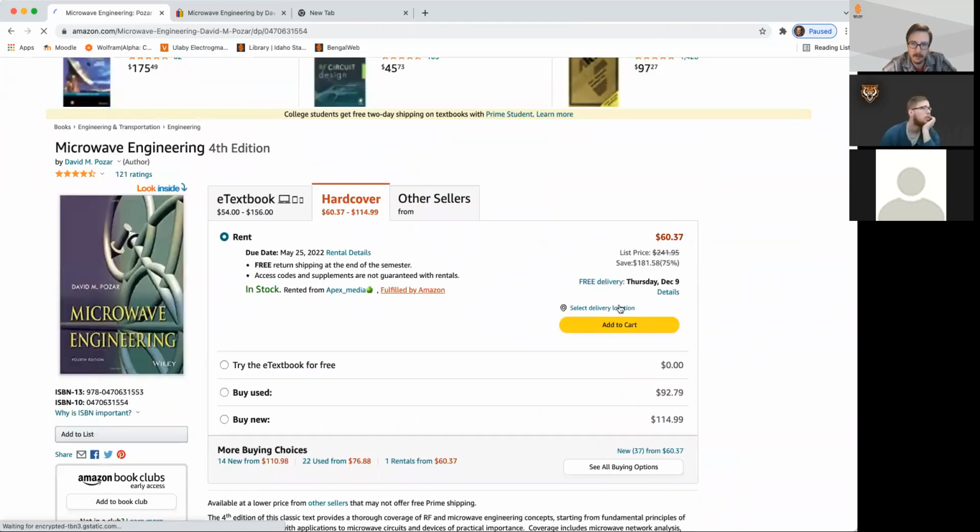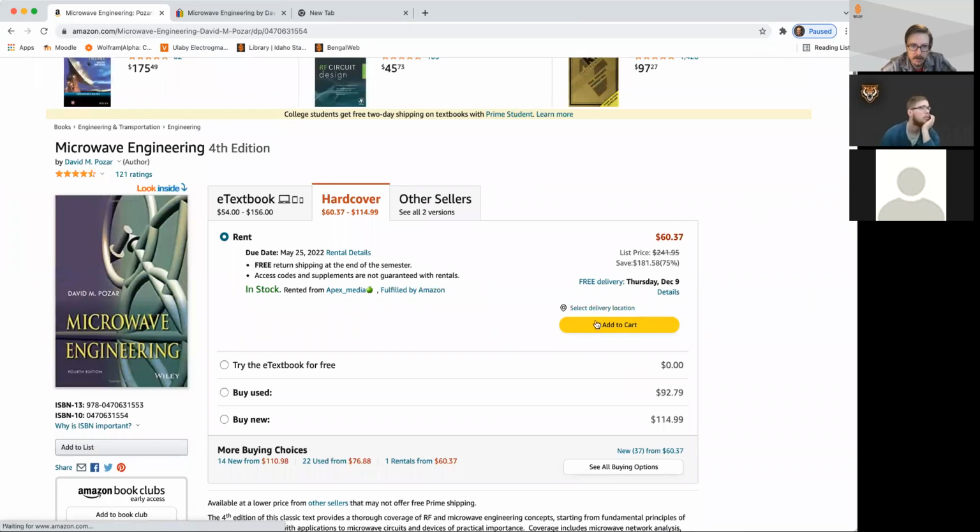If you buy the brand new hardcover, it's like $100, but this book is very, very famous. It is essentially both a design handbook and a textbook. There's not a lot of books that work just as well as a textbook as they do as a professional reference handbook.